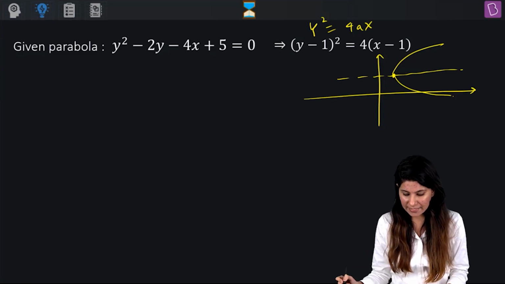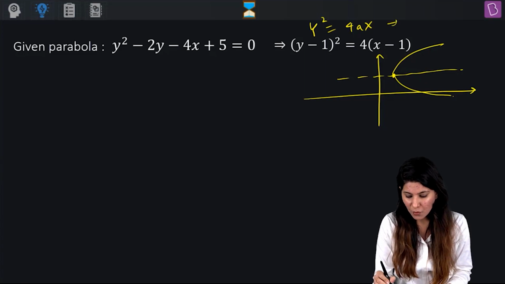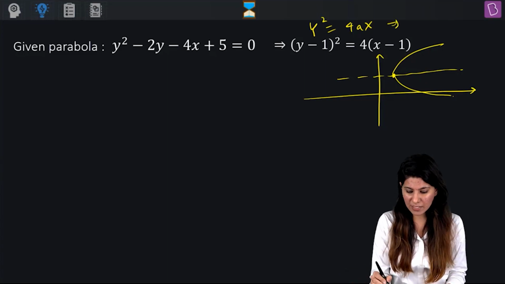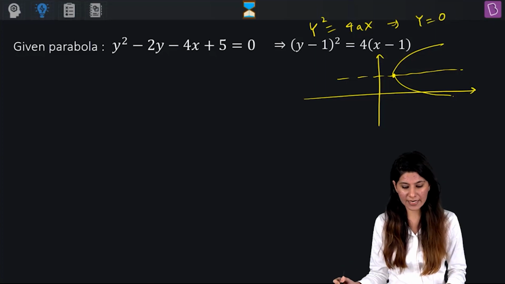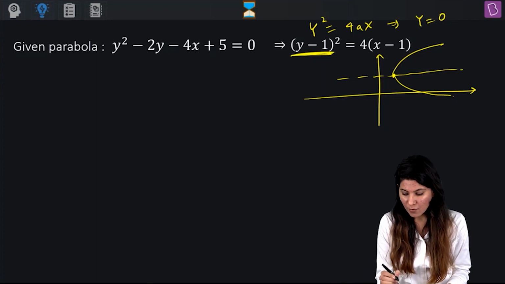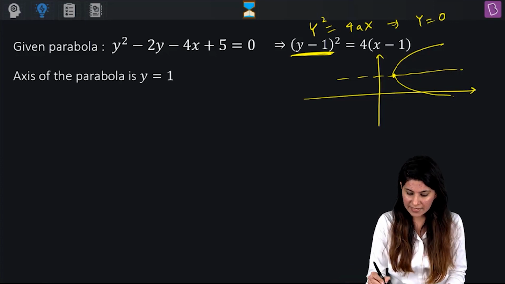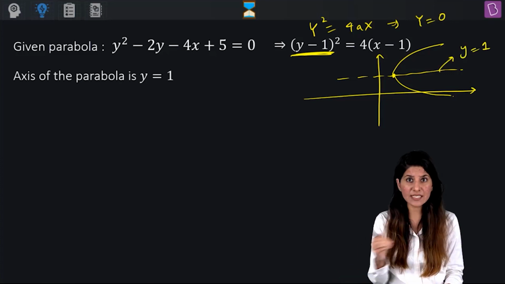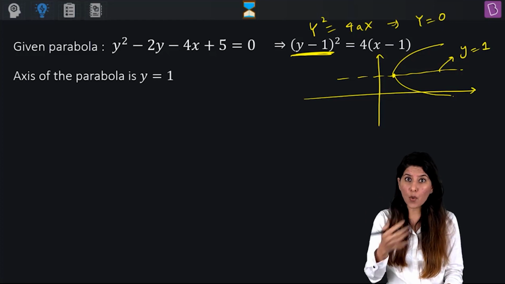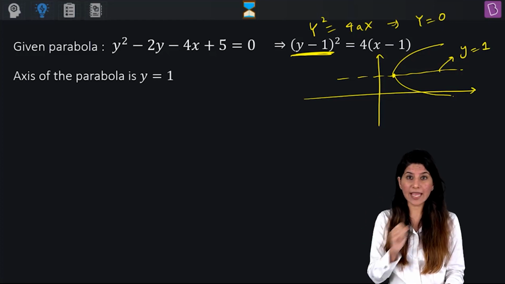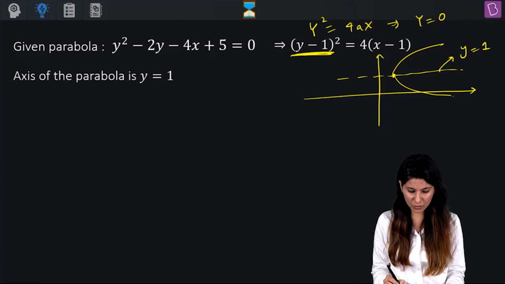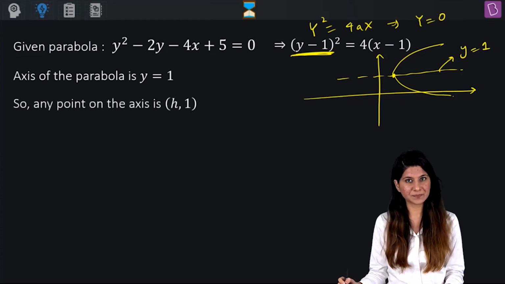Okay, basically in y square equals 4x, the axis of the parabola is nothing but y equals 0, right? So that means in here y equals 1 would be your axis of the parabola. Okay, this is y equals 1. So on this line the y coordinate will always be 1. So if you need to take any point on this axis, what will you do? h comma 1, right?